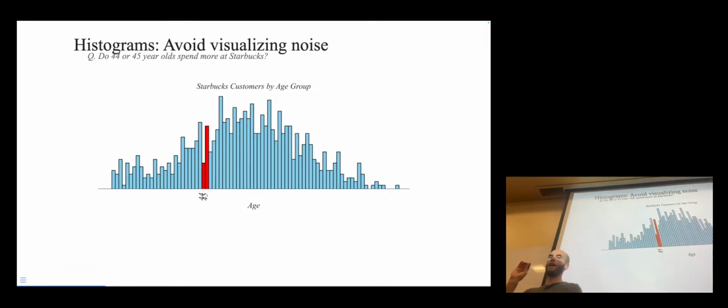So this is a figure where we have each individual year, no age groups, just individual ages across the Starbucks customers, going from, I think it's 18 all the way up to 115.